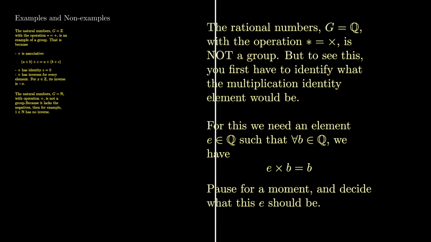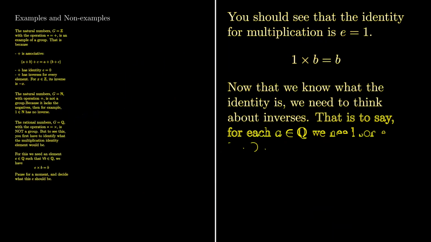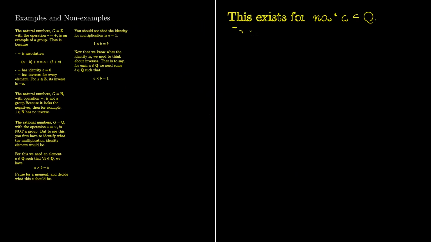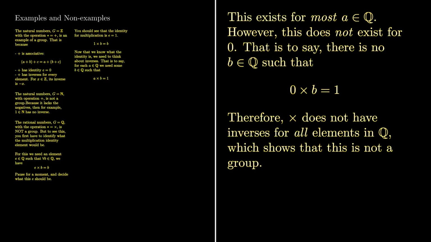But go ahead, confirm it for yourself: we know that 1 times B is equal to B for every rational number B. So this does have an identity element. So again, as before, if there's going to be an issue, since it passed all the earlier tests, the problem must come with inverses.